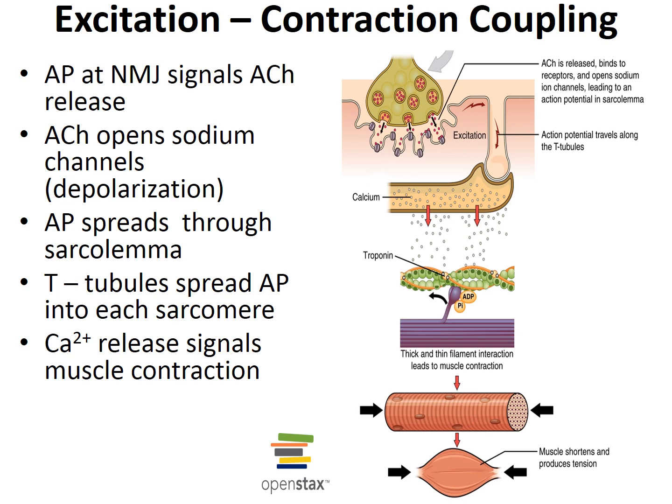The action potential arriving at the neuromuscular junction, signaling the release of acetylcholine, down to the calcium signals signaling muscle contraction. This is known as the excitation-contraction coupling. As the action potential propagates along the sarcolemma, it moves down the T-tubules.